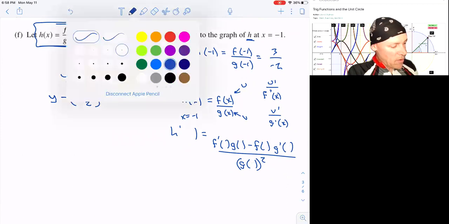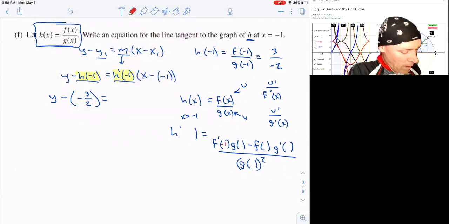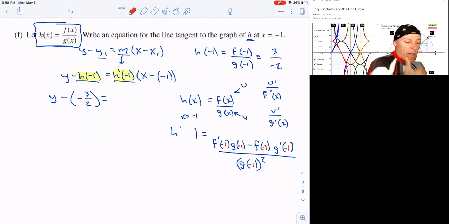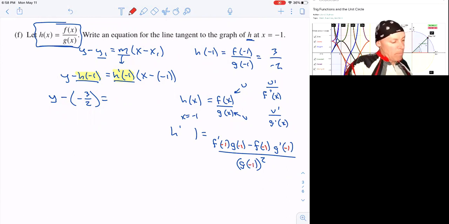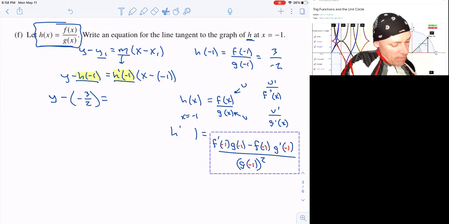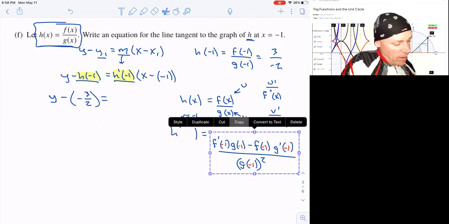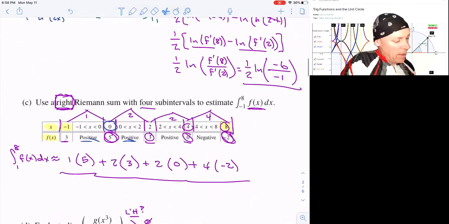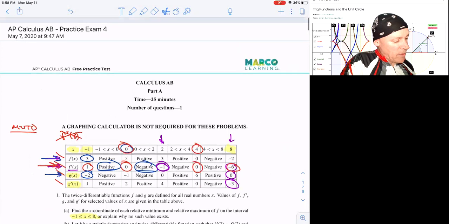Replace all those with -1, -1, -1, and -1. Okay, so let's make life easy. Let's take this, copy it, and bring it up to the table. We drop in values.